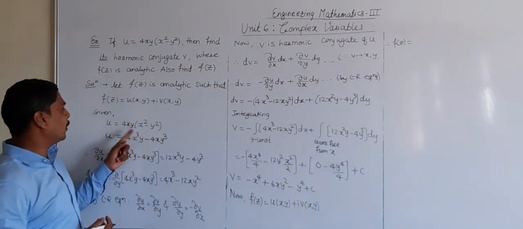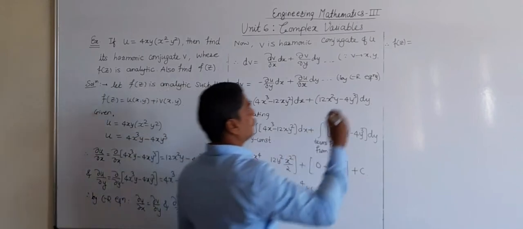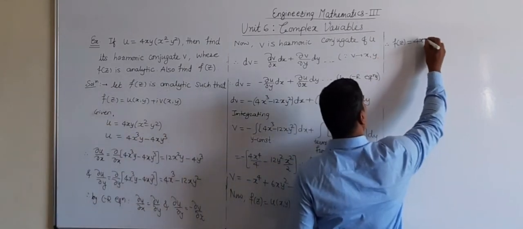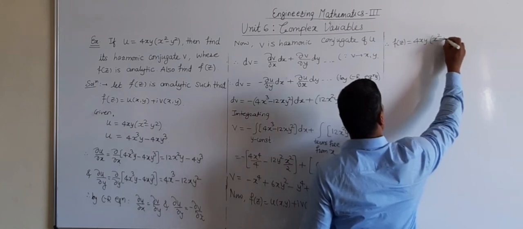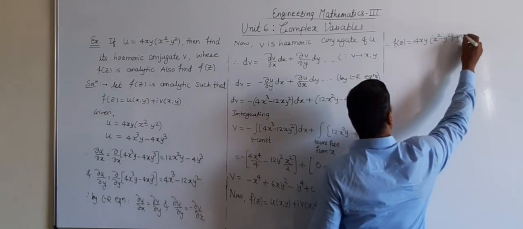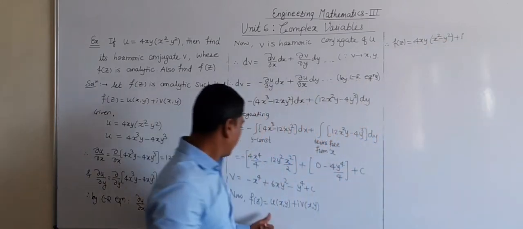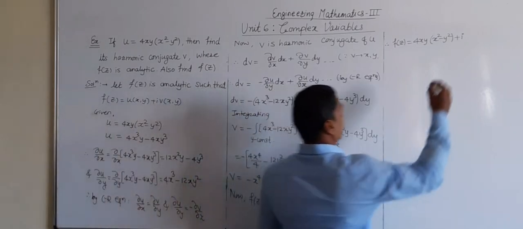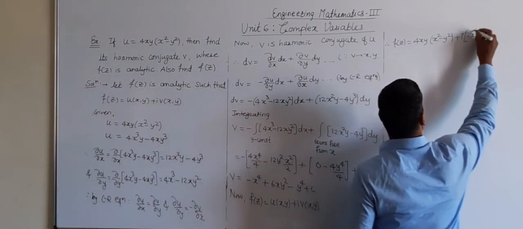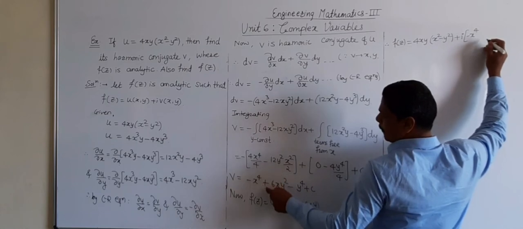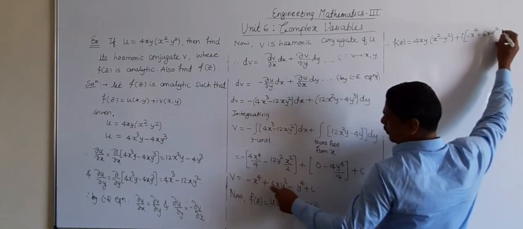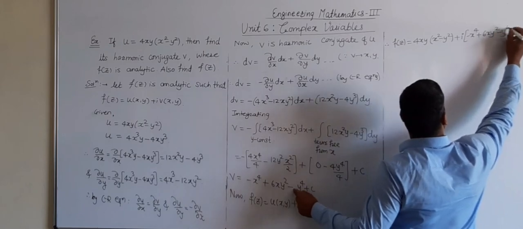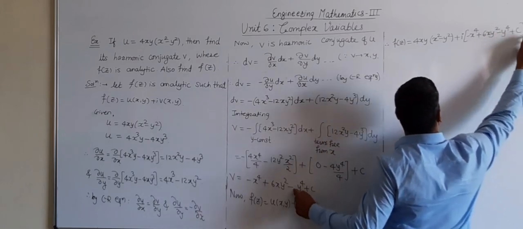So this value becomes 4xy into bracket x square minus y square, plus i into the value of y. The value of y is in bracket minus x raised to 4, then plus 6xy square, then minus y raised to 4 plus c.